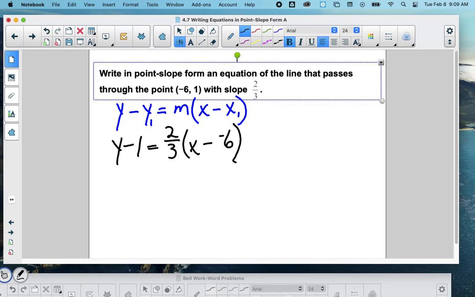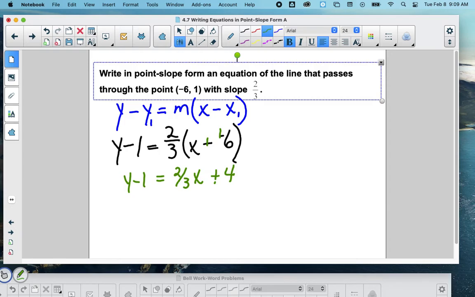When you look at what I've got up here at the board, the first thing that needs to be taken care of is you've got a subtraction statement, so you're going to change that to add opposite. So you actually have 2/3 times x plus 6. Okay? And when you do that multiplication, y minus 1 equals 2/3 x plus 4, because 2/3 times 6 is going to give you 4.